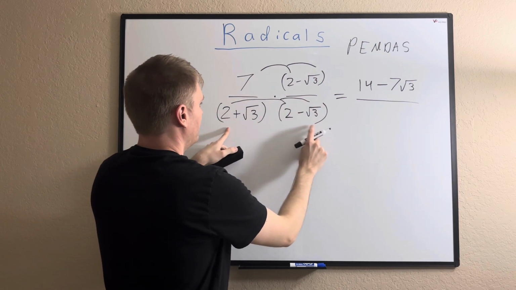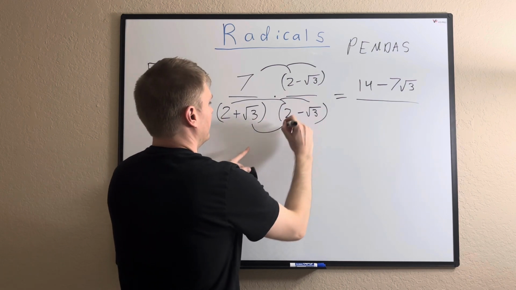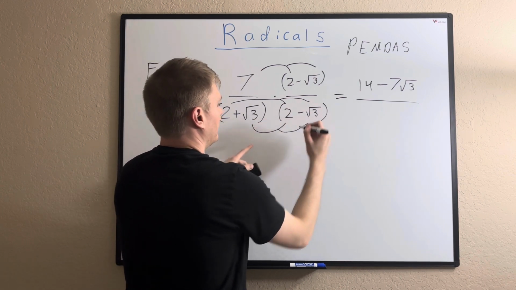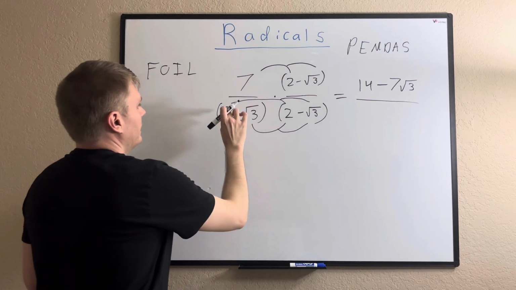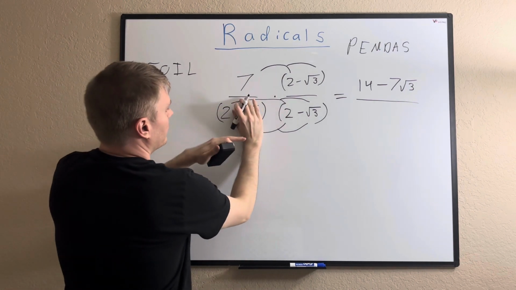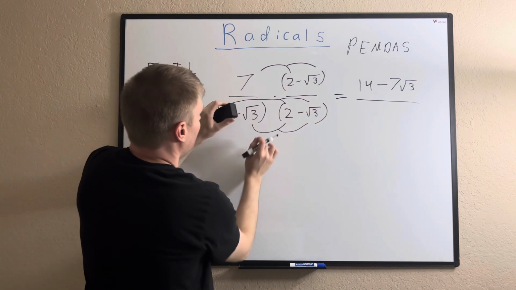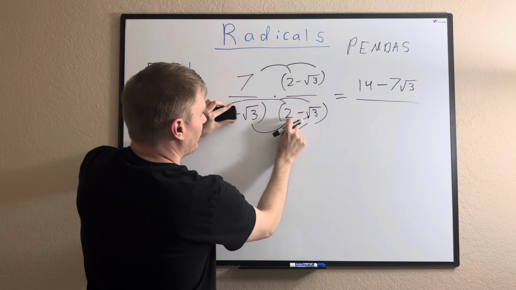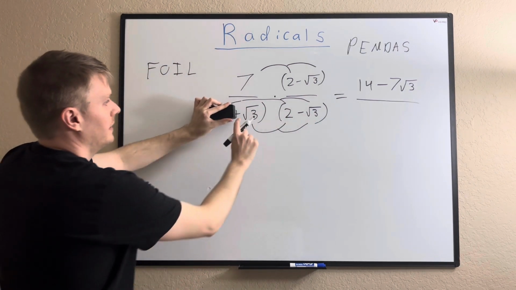Those are the outside numbers. So we got the first, outside, inside, last. What did I just say? Basically, we take this number and multiply it by both of those numbers in the other parentheses, and then we take this number and multiply it by both of those numbers in the parentheses.